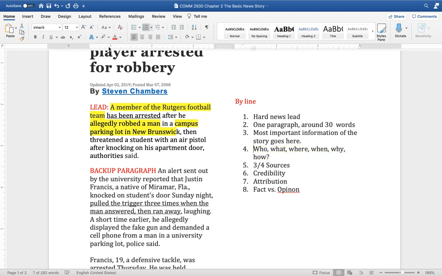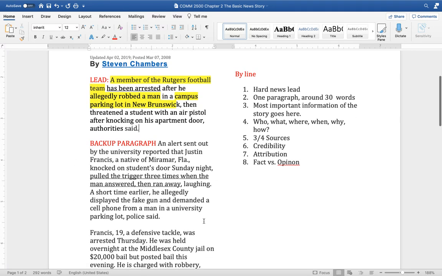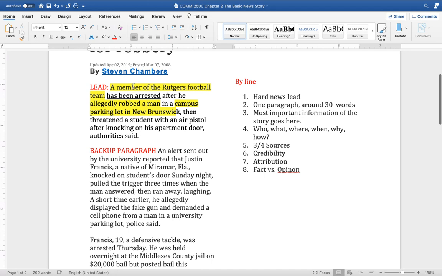If we go to the second paragraph, that is called a backup paragraph, and it's important because everything you say in the lead has to be supported in the second paragraph. So we're talking about a member of the football team here. We have to know more information about the football player in this paragraph.